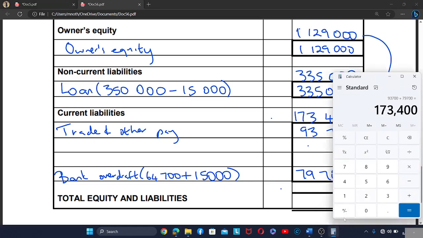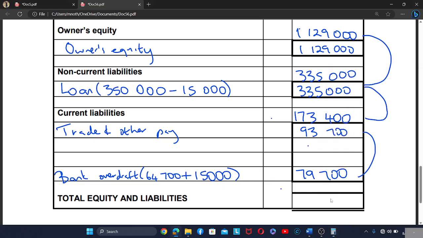So that is going to be 129,000 plus 35,000 plus 79,700. That is going to be 1,543,700.